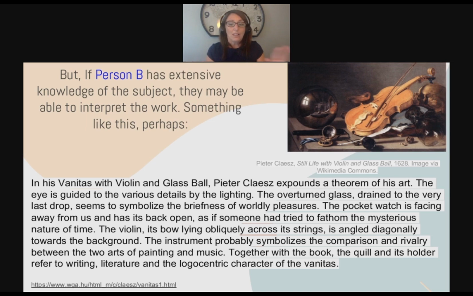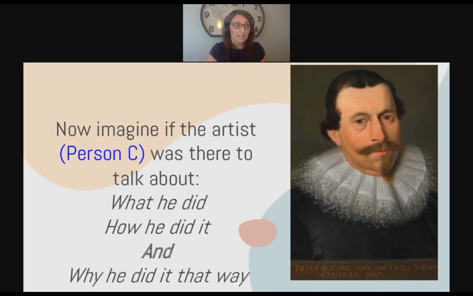Now, let's imagine, though, that person C enters the museum. And we've got person C here, who is the artist himself. And person C is there to talk about what he did, how he did it, and why he did it that way.